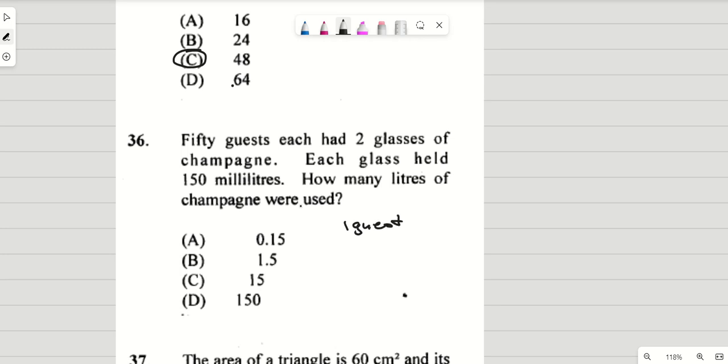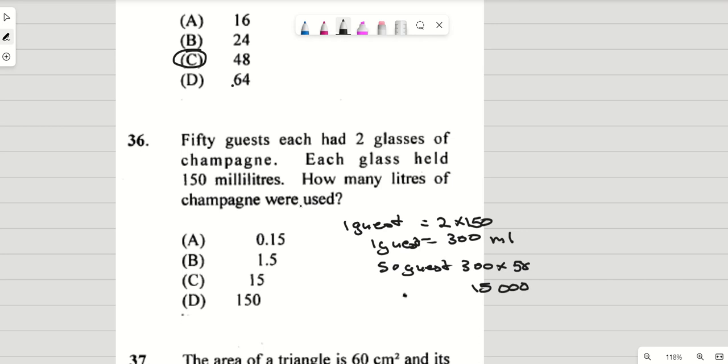If one glass holds 150, then 2 glasses will hold 2 multiplied by 150, which is 300. So if one guest has 300 milliliters, then 50 guests would be 300 multiplied by 50. 5 threes are 15, and how many zeros? 1, 2, 3.